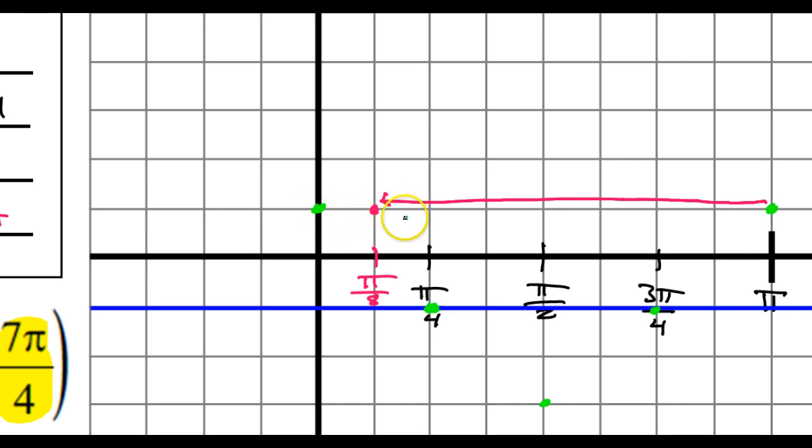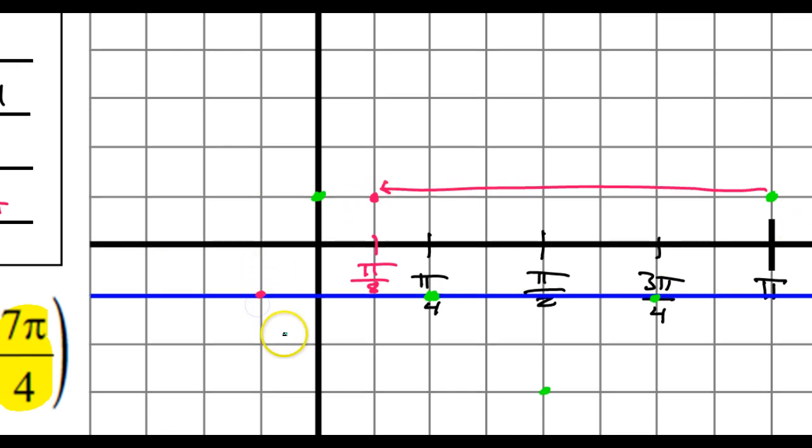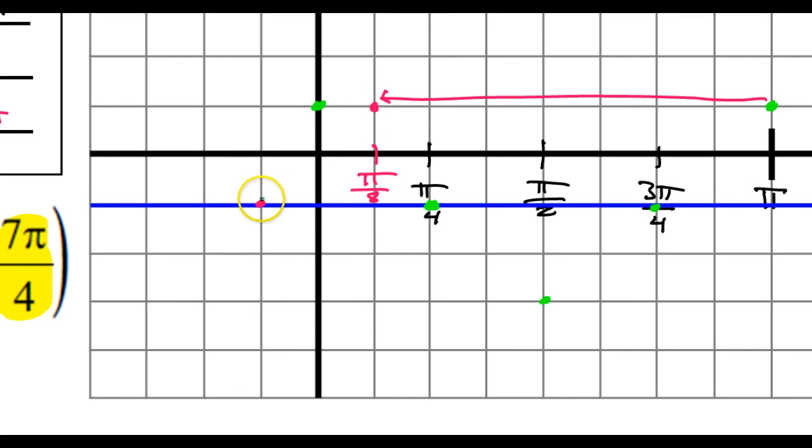Now the rest of the graph, if I were to graph it, going from right to left, I would go down to the midline, and then below the midline, and then back up to the midline. You know, this graph is trying to do this. Okay, but I'm running out of space.